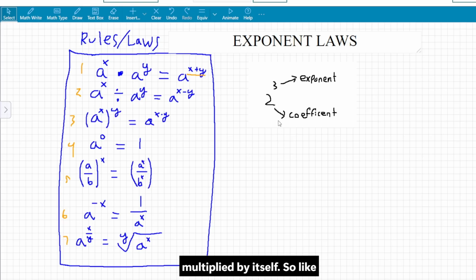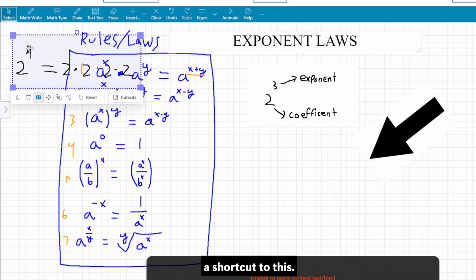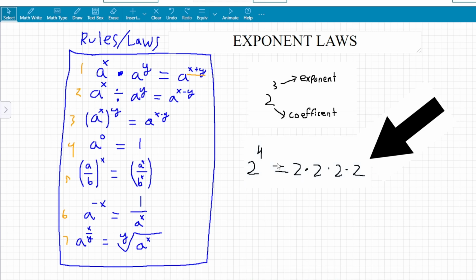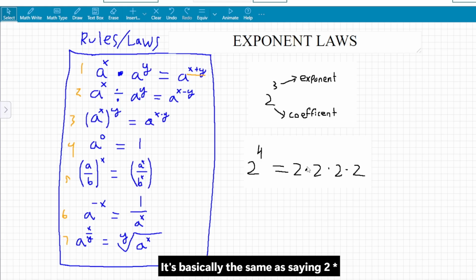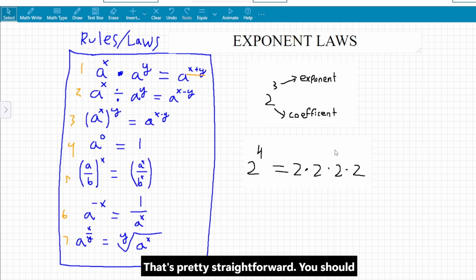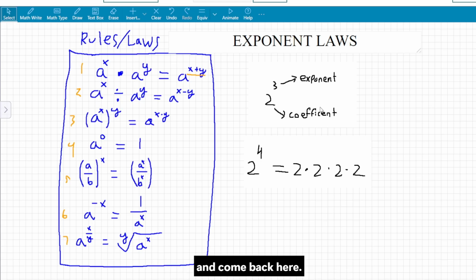So, like a shortcut to this. So if we had 2 to the power of 4, it's basically the same as saying 2 times 2 times 2 times 2. That's pretty straightforward. You should already know that if you are watching this video. If not, please go watch a different video first, learn about that, and come back here.